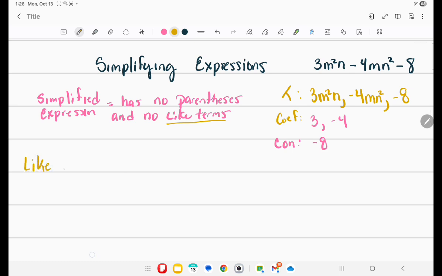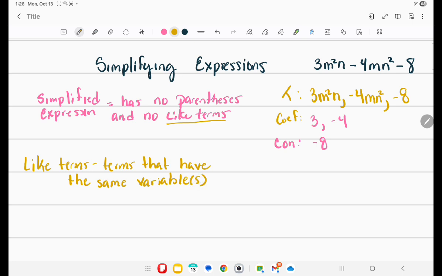Like terms are terms that have the same variable(s). Put an S in parentheses. That means one variable or two.